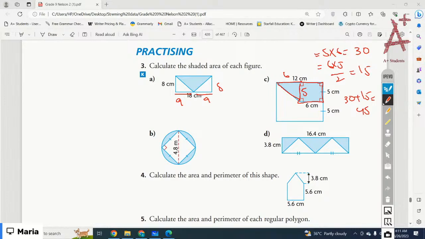Okay, for this one we have a square, right? No, this line divides it into two triangles.